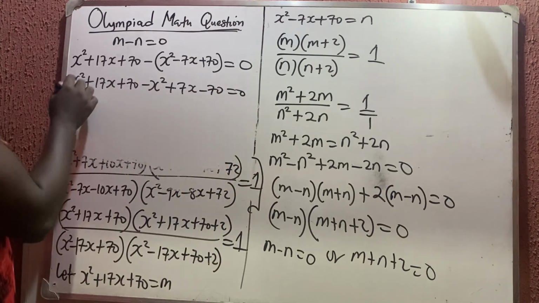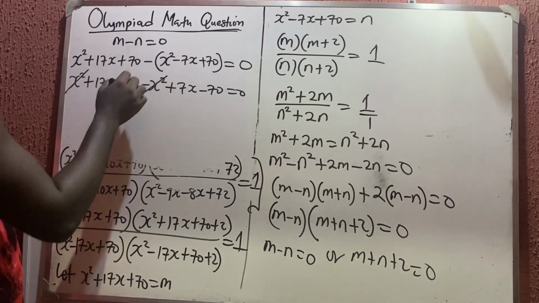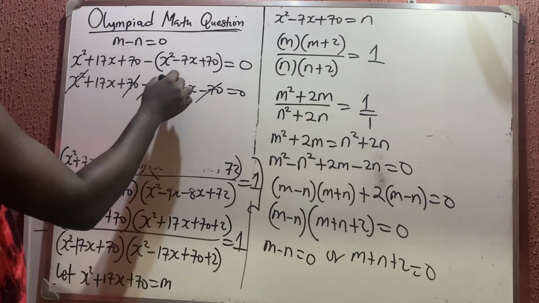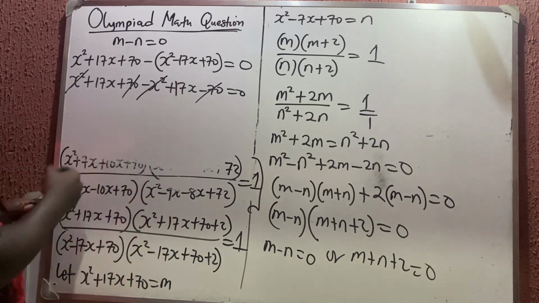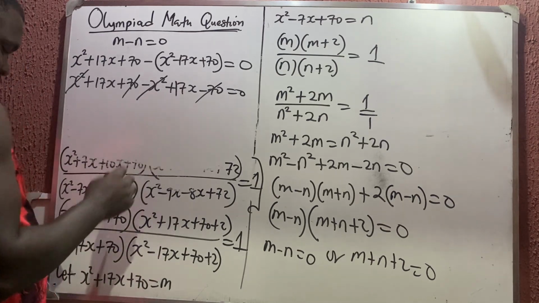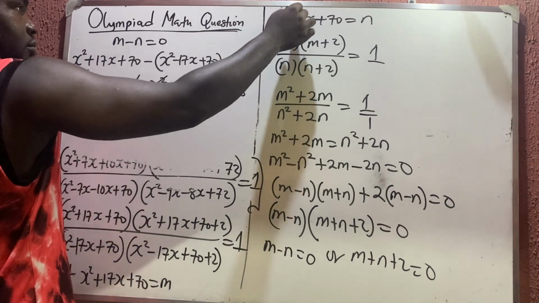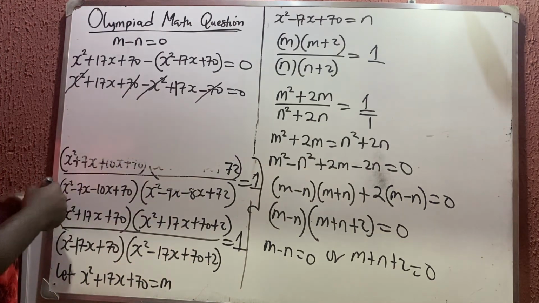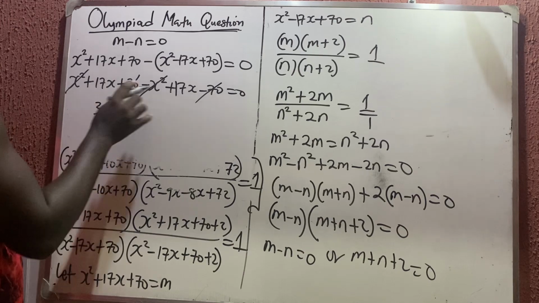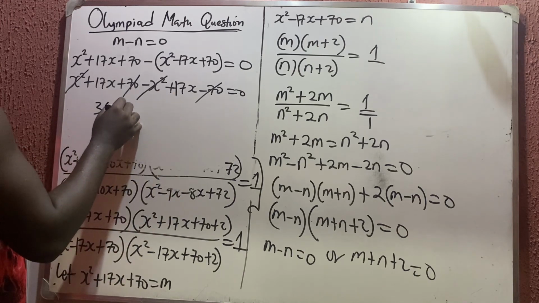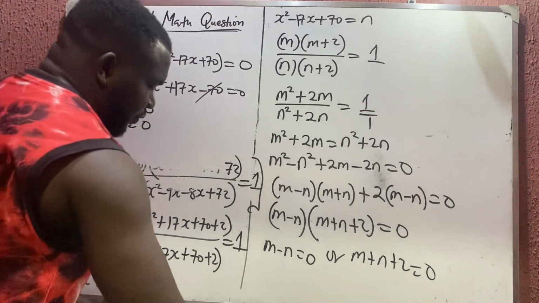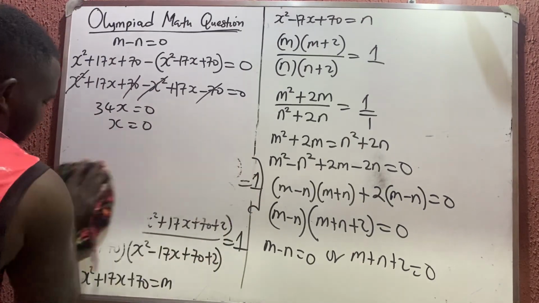So these two take care of themselves, and then 70 takes care of itself. So I'm having that this and this will give you 34x is equal to 0. So therefore x here is 0.